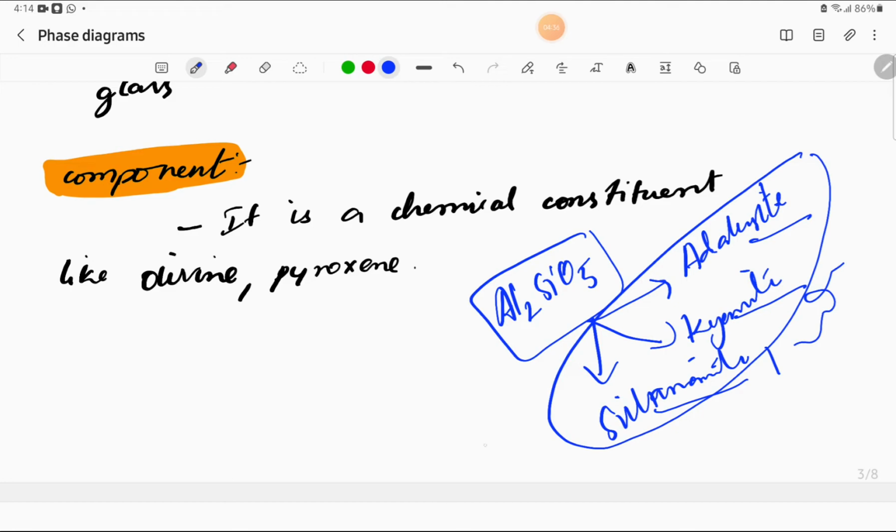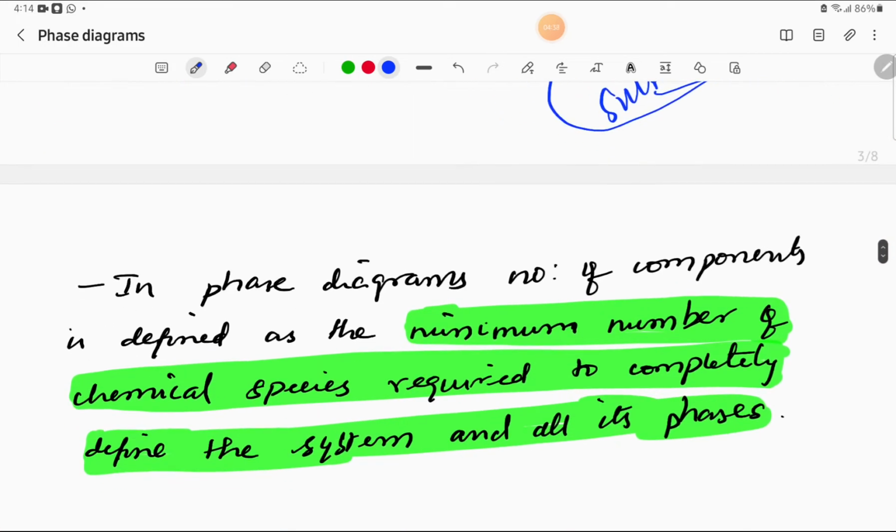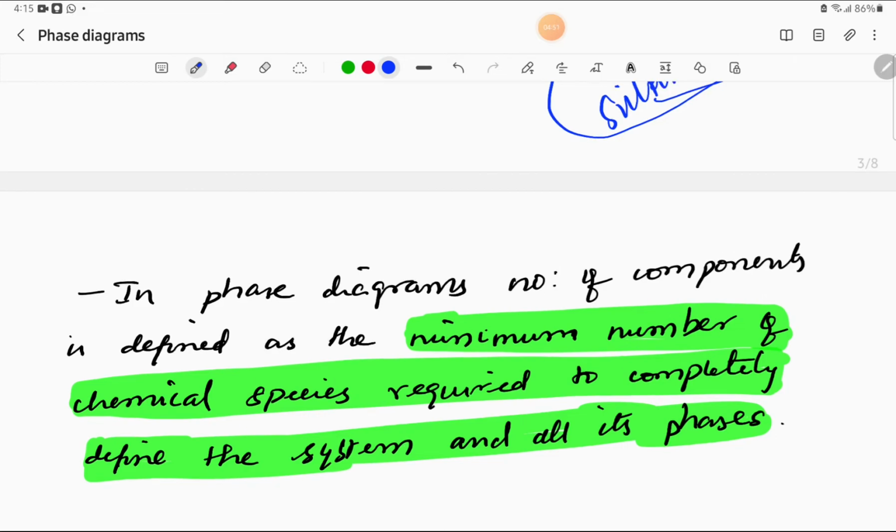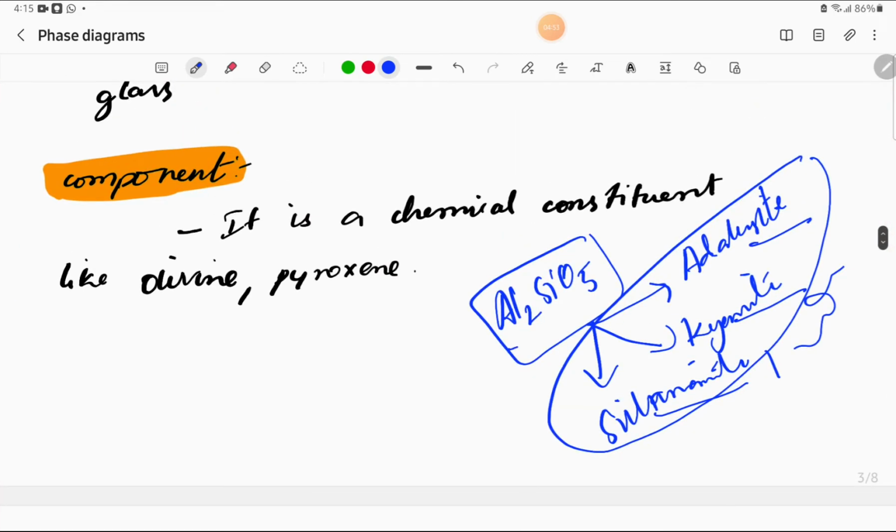See, in a phase diagram, the number of components is defined as the minimum number of chemical species required to completely define the system and all its phases. See, minimum number of chemical species. Look at this: in Al2SiO5 you have three phases: andalusite, kyanite and sillimanite.